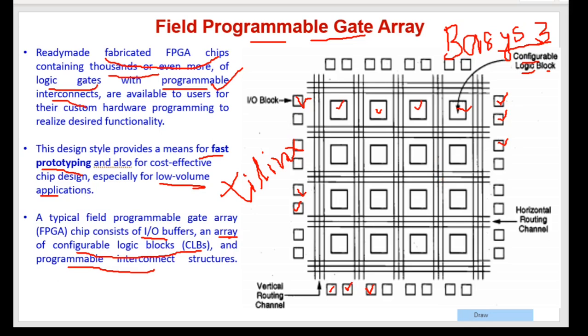These are called the horizontal routing channel, and these are the vertical routing channel. Somehow these routing channels or interconnect structures have to be programmable in nature, so that you can connect to any CLB desired by your circuit.